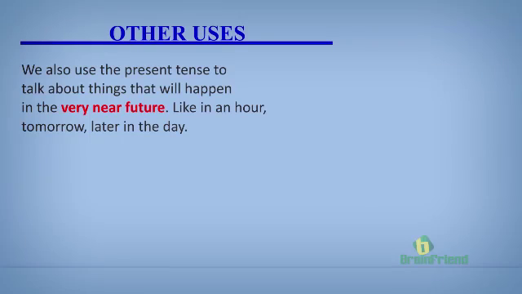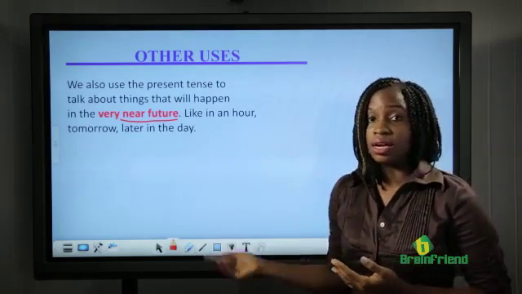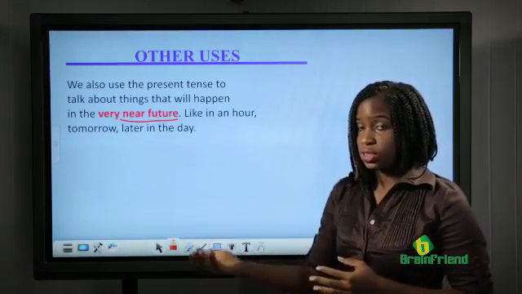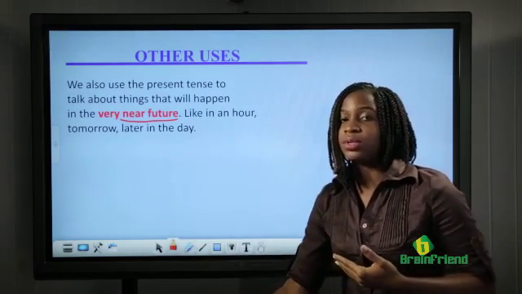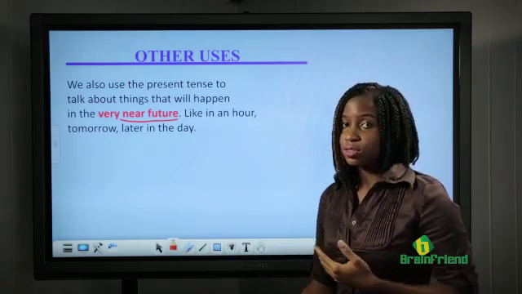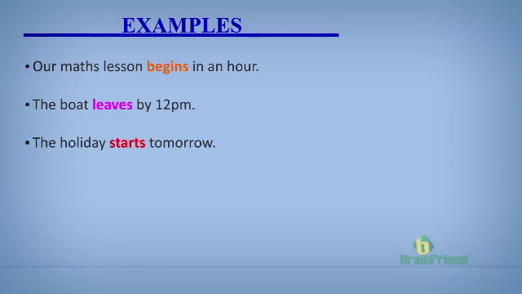Another situation in which we use the present tense is when we are talking about things that will happen in the very near future. That is, things that will happen in like an hour or tomorrow, which is the next day, or if it's afternoon now, things that will happen in the evening. That is the very near future. Examples.